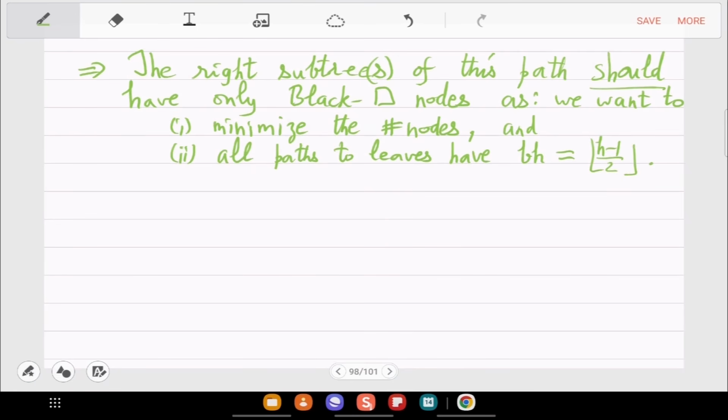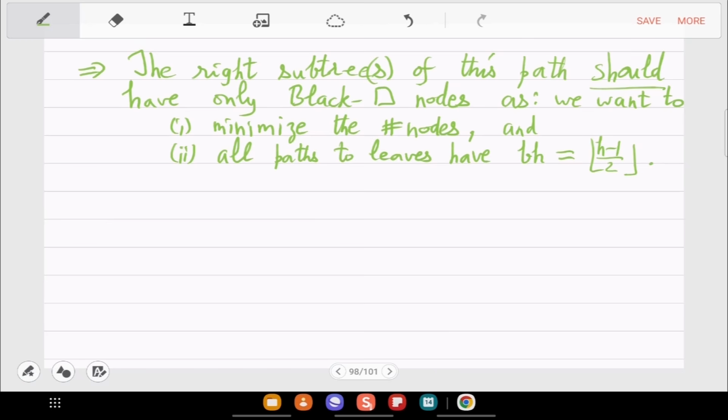So since every path from root to leaf has to be of this length, and since you want to minimize the number of nodes, the only solution is that you only pick blacks and these many.